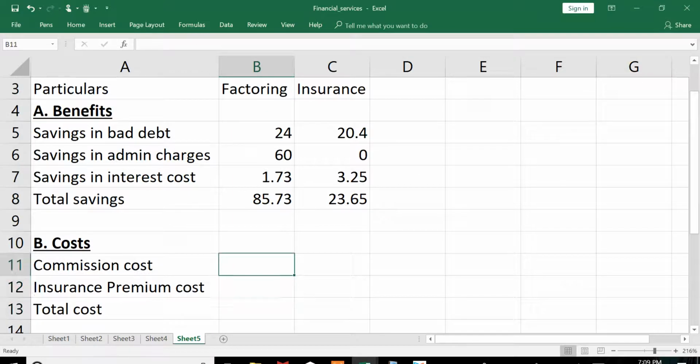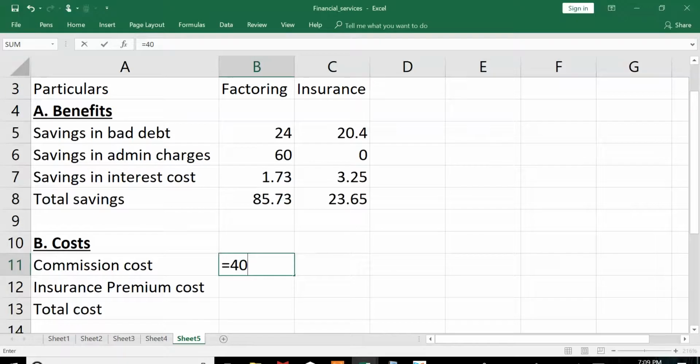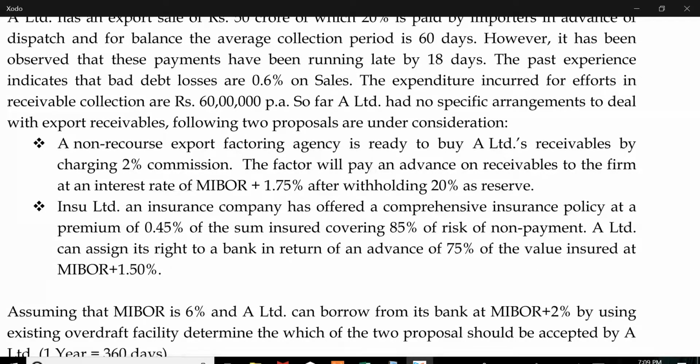Now my commission is going to be on credit sales, not overall sales. Commission is 2%. 4,000 into 2%. Insurances.